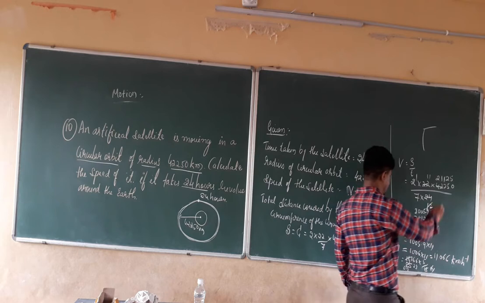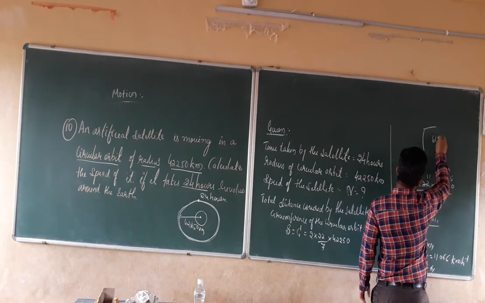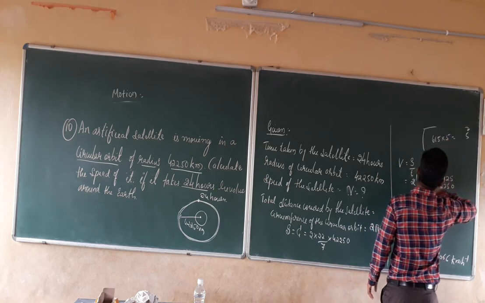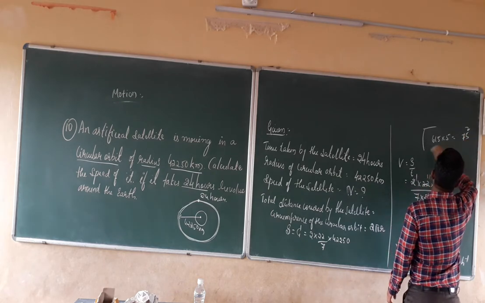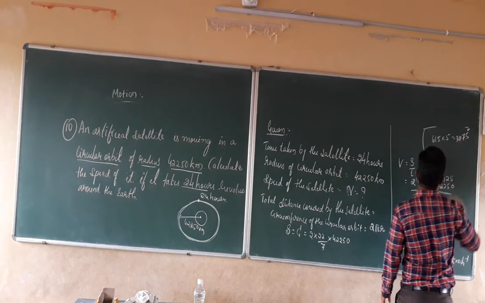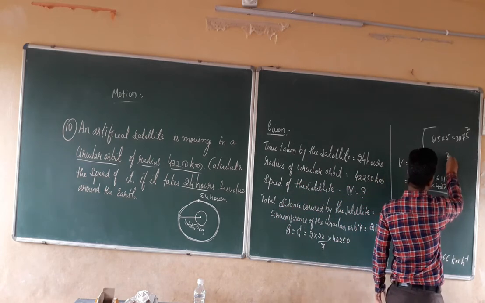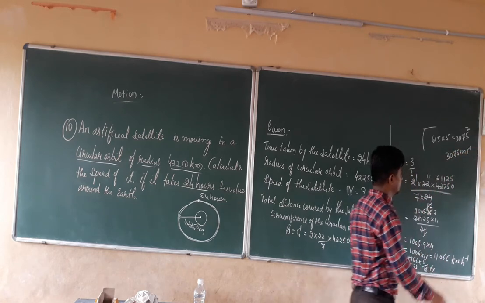So what is the value of 615 into 5? 5 5s are 25, remains 2, 5 1s are 5, it will become 7, 5 6s are 30. That is equal to 3075 meter per second.